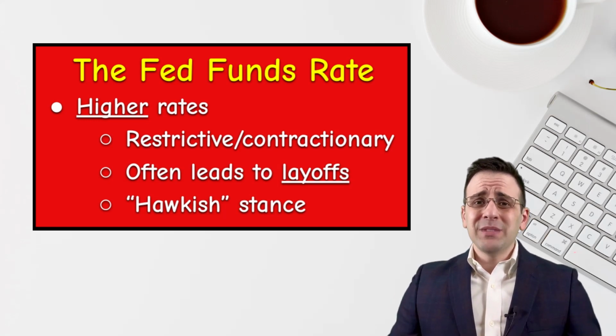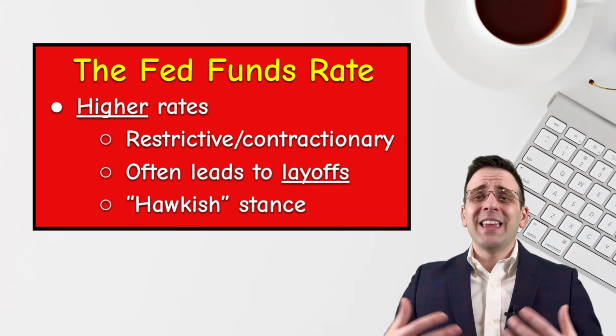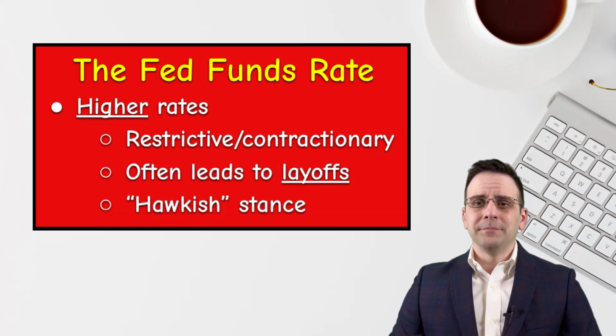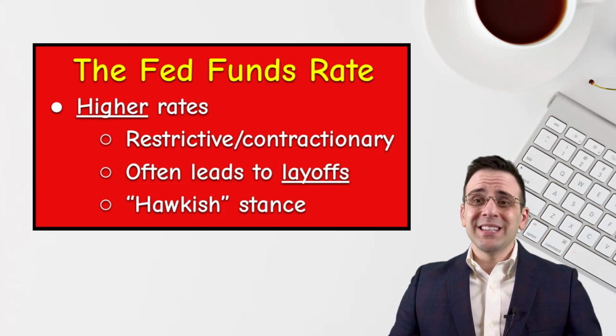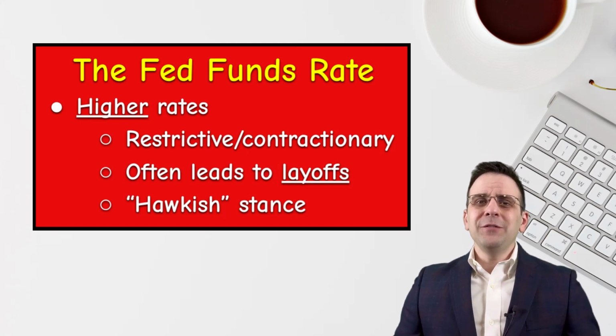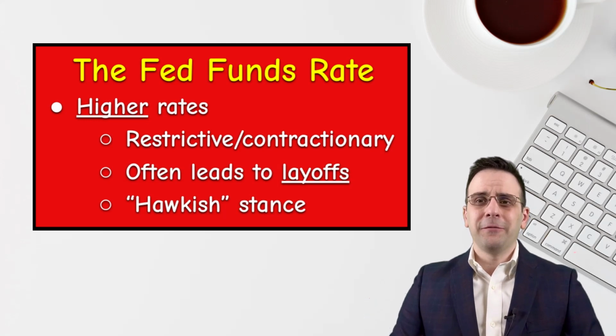But at the same time, this policy can have a negative effect on employment. That is, lower demand often leads businesses to lay off workers and unemployment could go up. This restrictive stance is sometimes called a hawkish stance by the Fed.